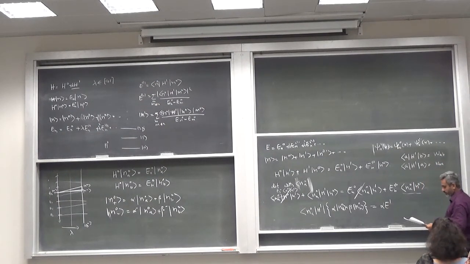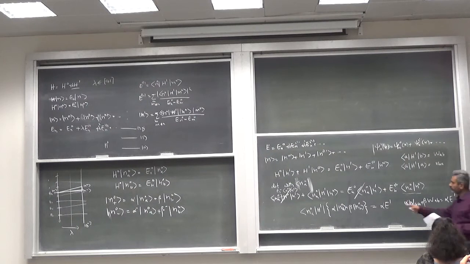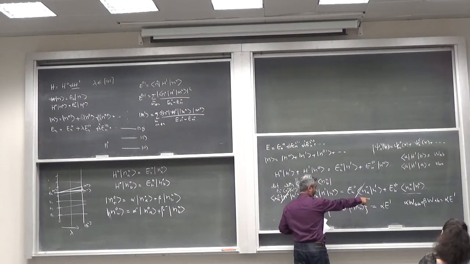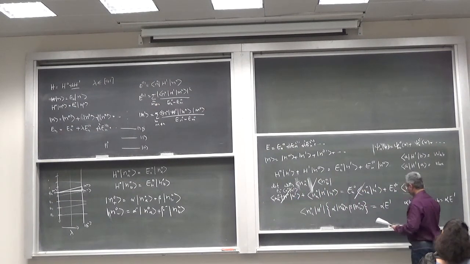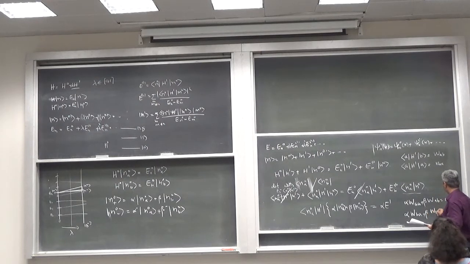So you can write this equation like this: alpha omega AA plus beta omega AB is equal to alpha E1. Now, had you started with dotting with N_B^0, you would have gotten another equation: alpha omega BA plus beta omega BB is equal to beta E1.